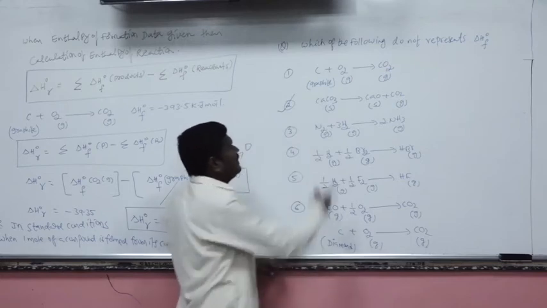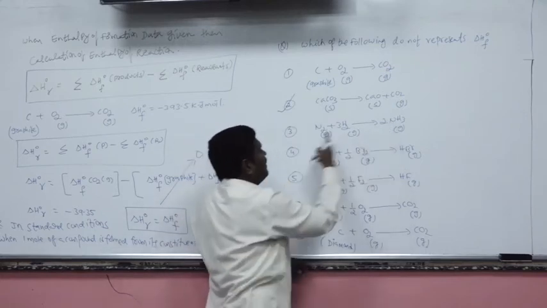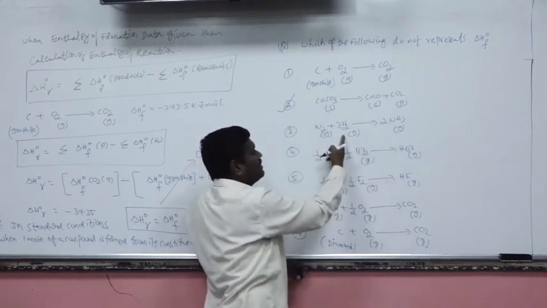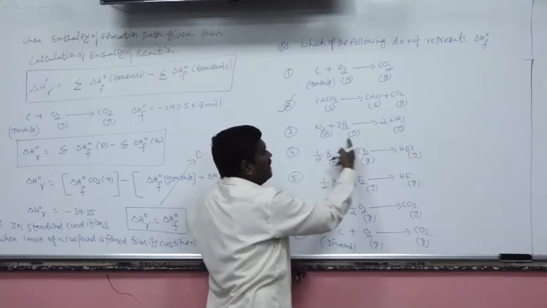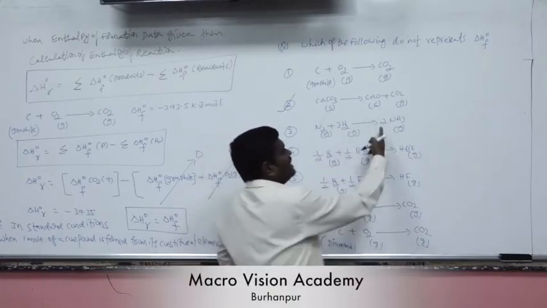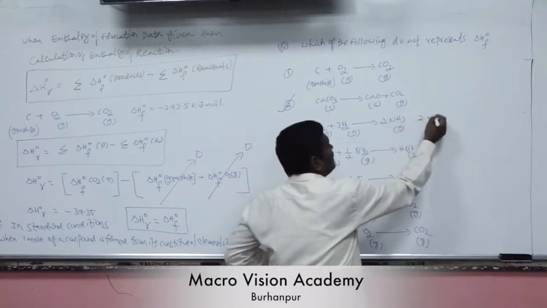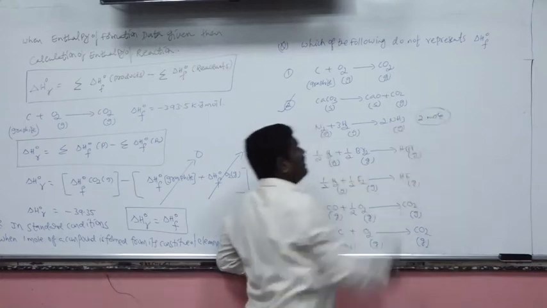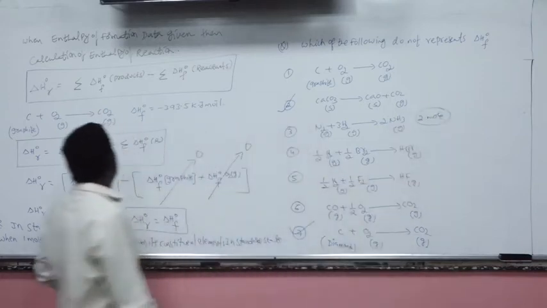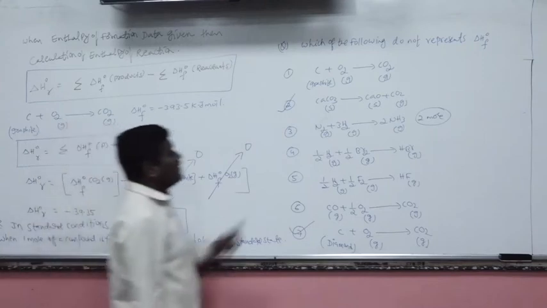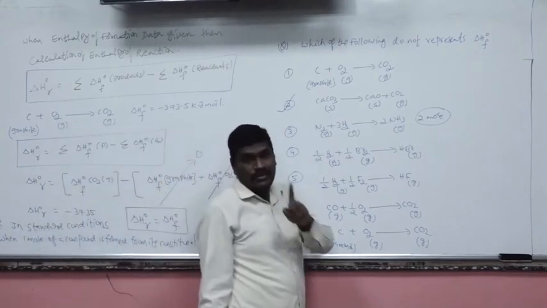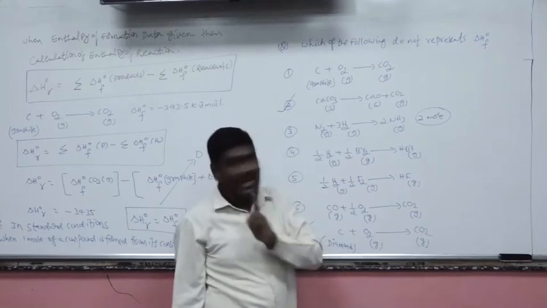Yes or no? Now come to the third. Ammonia is prepared from dinitrogen and dihydrogen. Okay, these two are the constituent elements of ammonia. But how many moles of ammonia are forming? 2 moles of ammonia formation takes place. But as per the standard definition, 1 mole of a compound has to be prepared from its constituent elements. Isn't it?